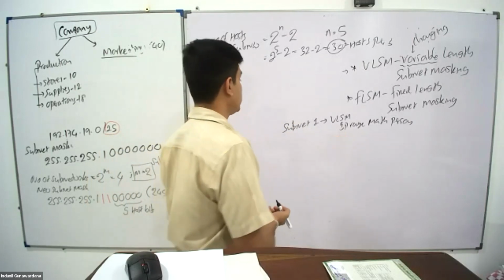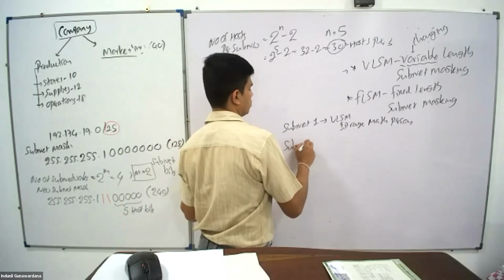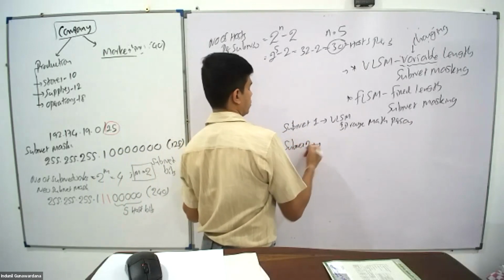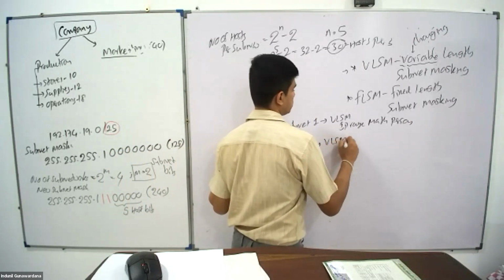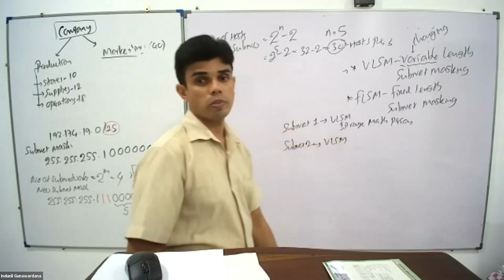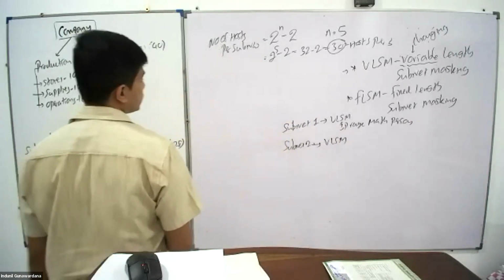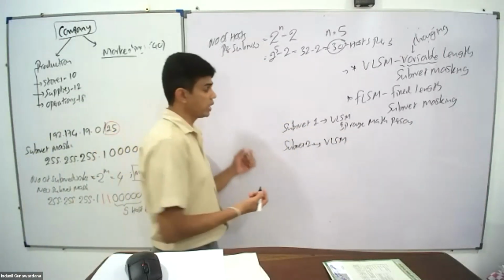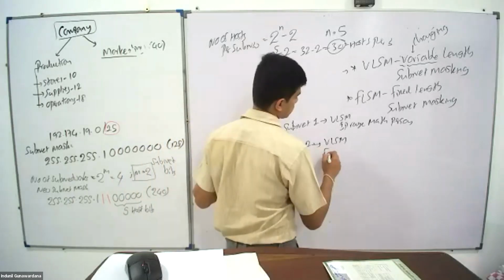Right. And then here we have another one called subnet 2. Still we can use VLSM to get the IP range. Right. But when you compare the previous work we did, the previous 2 tables we had, the subnet mask remains fixed.